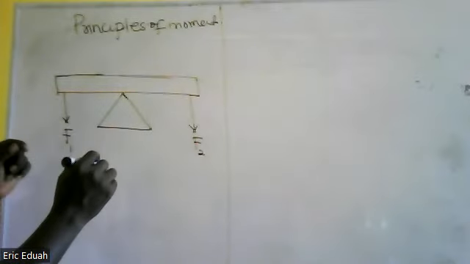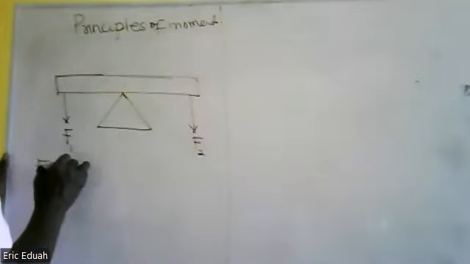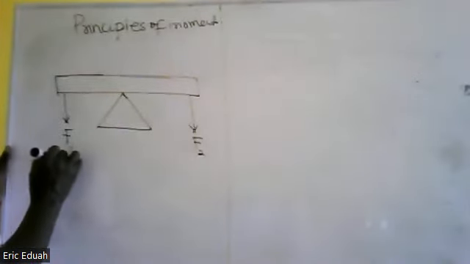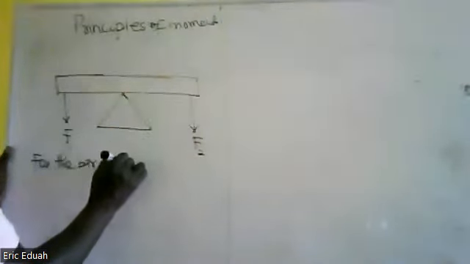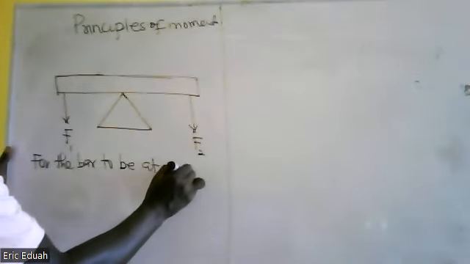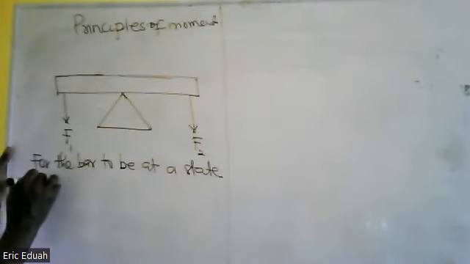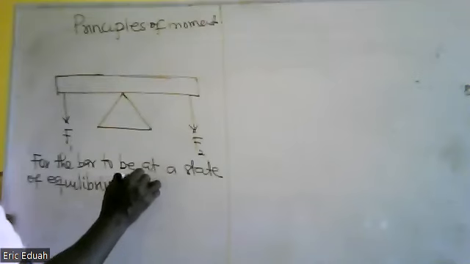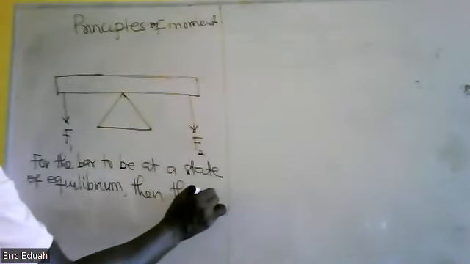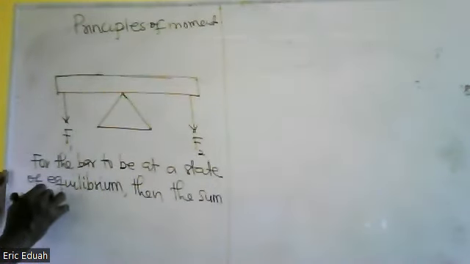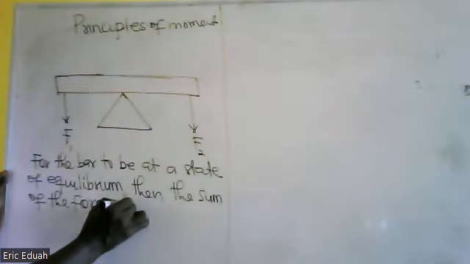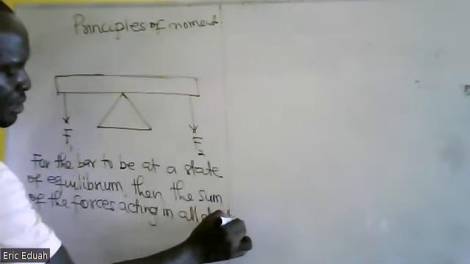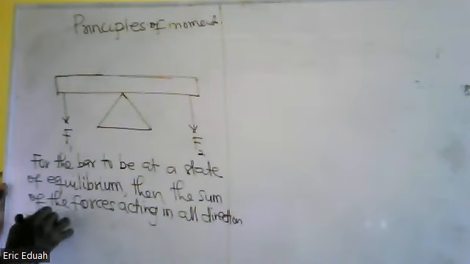for the bar to be at a state of equilibrium, then the sum of the forces acting in all directions must be 0.